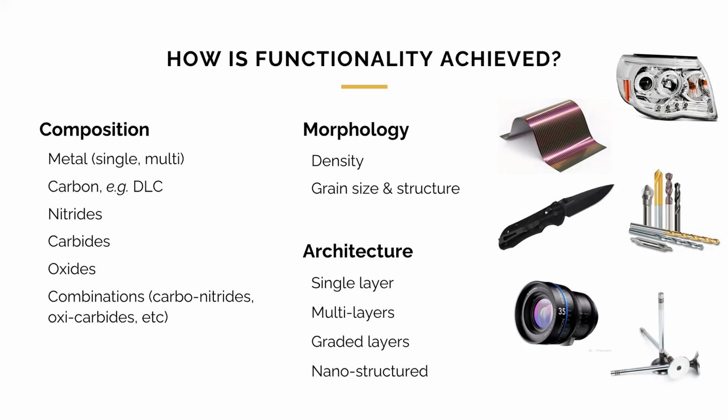And you can have nanostructured coatings in which you have small particles, let's put it that way. And I'm talking about nanometer size, in which those particles are inside the coating. So all of those aspects do contribute to the functionality of the coating.